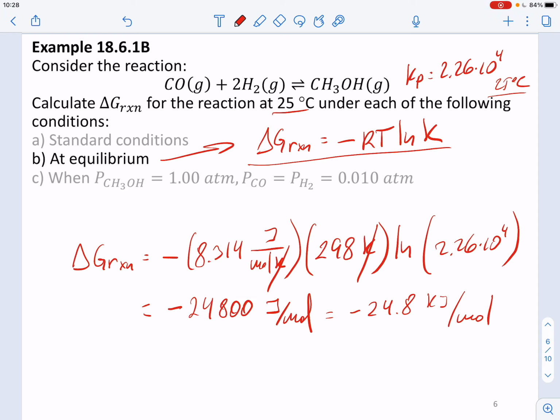Okay, once again, this is under equilibrium conditions. Whatever pressures or concentrations you are using for equilibrium here has to be equilibrium concentrations, equilibrium pressures.